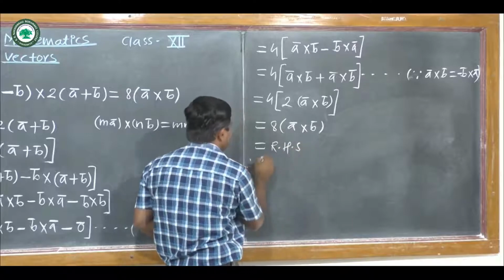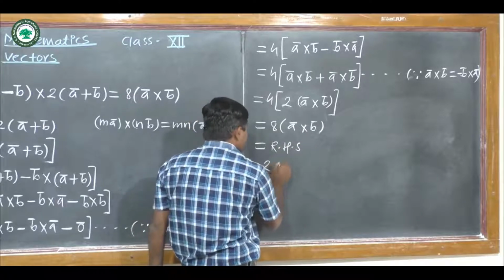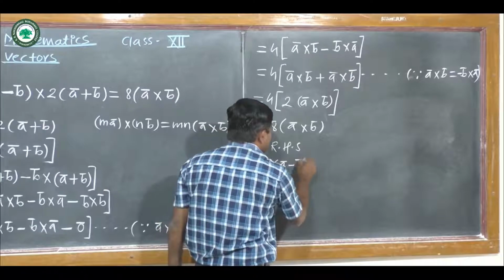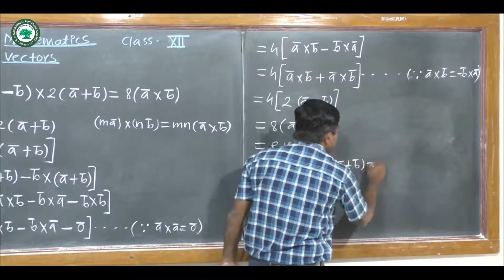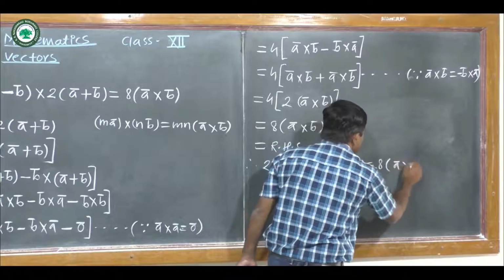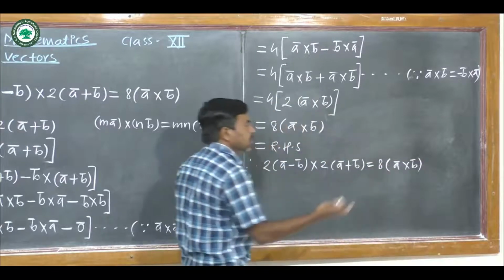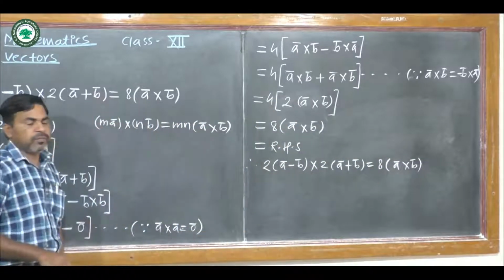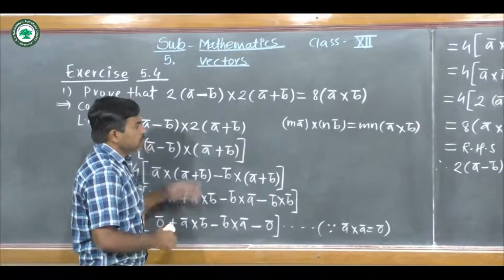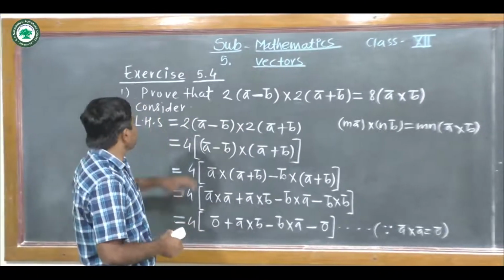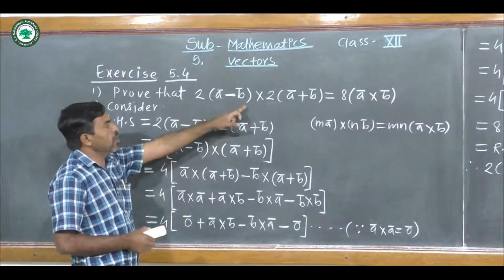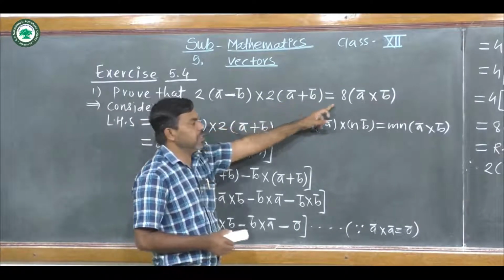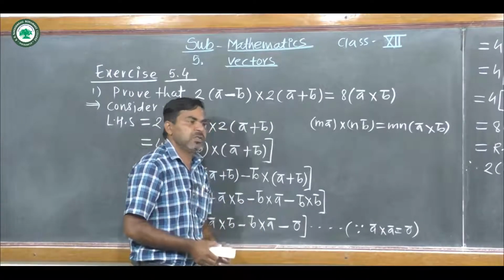So therefore 2a̅ − b̅ cross 2a̅ + b̅ is equal to 8 times a bar cross b bar, and hence proved. So this is the first question in which we have proved this result.